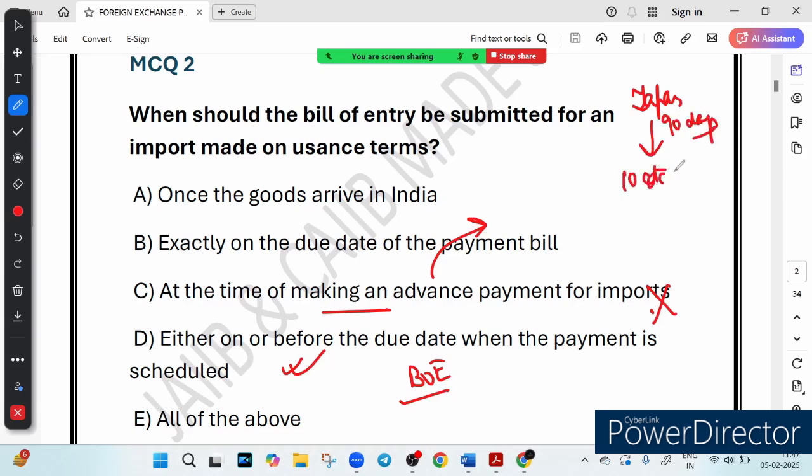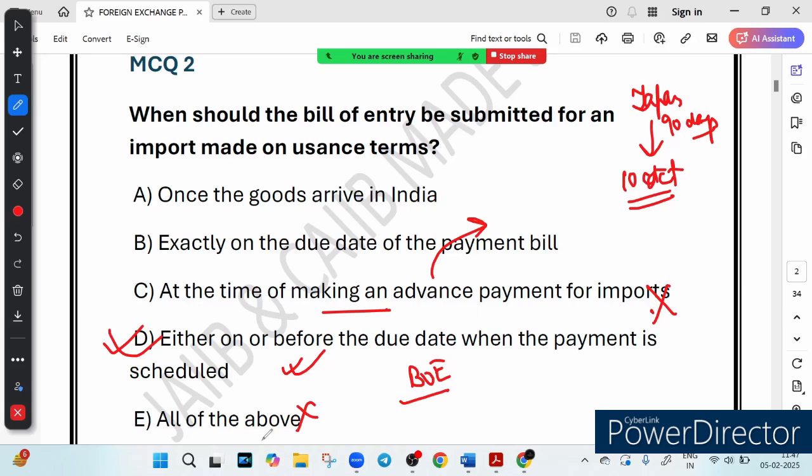So the bill of entry must be submitted on or before October 10 to avoid any regulatory issue, because this ensures compliance with foreign exchange and customs regulation. That is why D is correct, and E is not correct since A, B, C are incorrect.